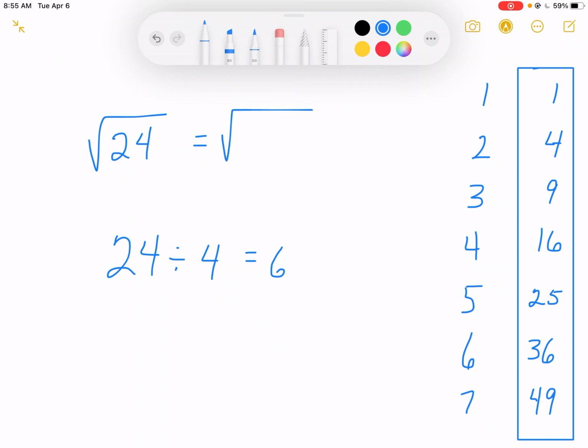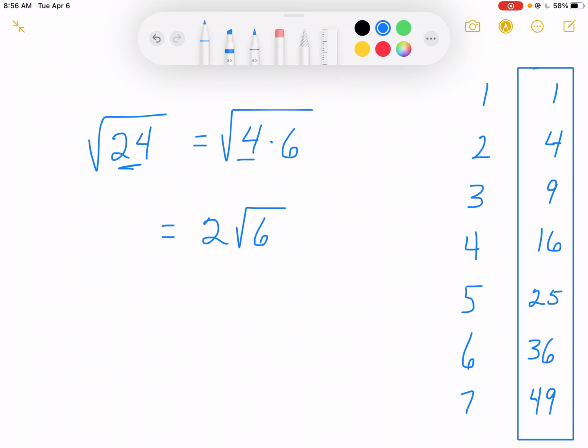So what we're saying is I could simplify this square root of 24, break that down into 4 times 6. Okay? And so what I can do is I can take the square root of the 4. Square root of 4 is 2. And then I'm going to have the square root of 6 left over inside there. Okay, so it would simplify to 2 square root 6.